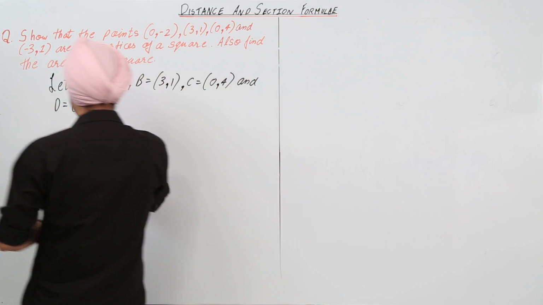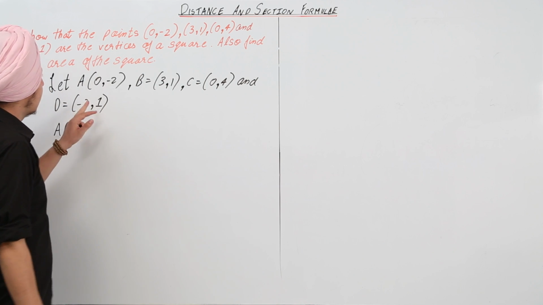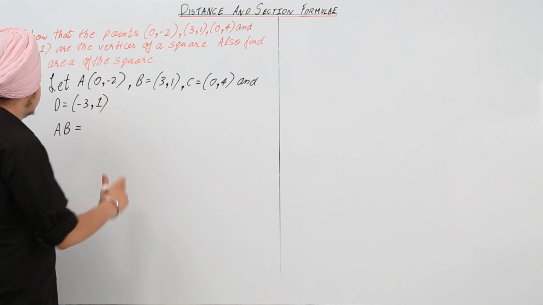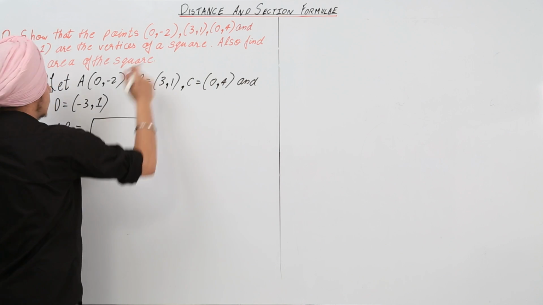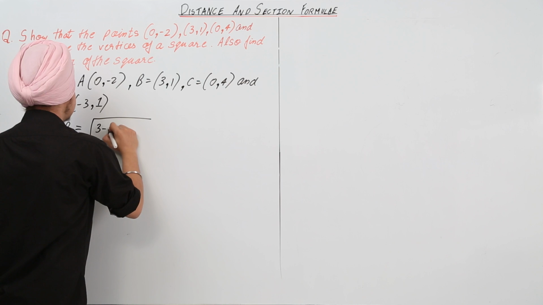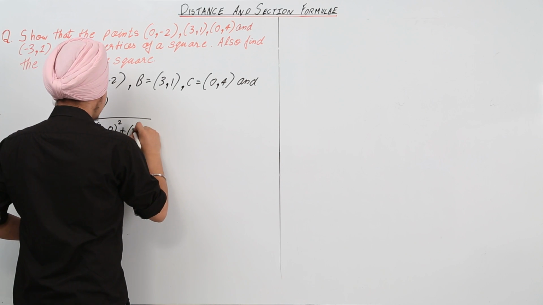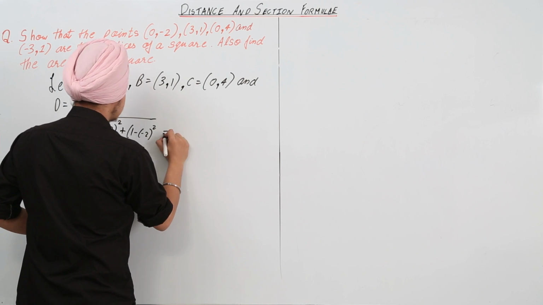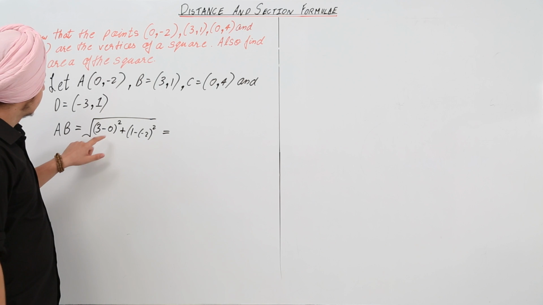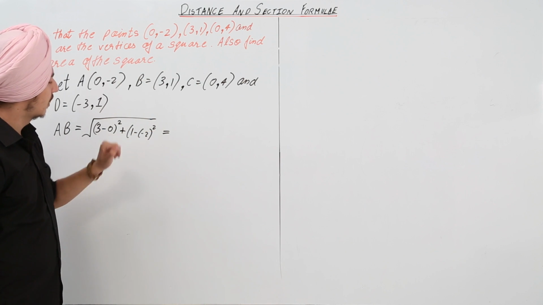Now we will calculate the length AB, or the distance between A and B. The distance between A and B would be the square root of (3 minus 0) whole square plus (1 minus of minus 2) whole square. So this would be equal to 3 square is 9, plus 1 plus 2, 3 square is 9.